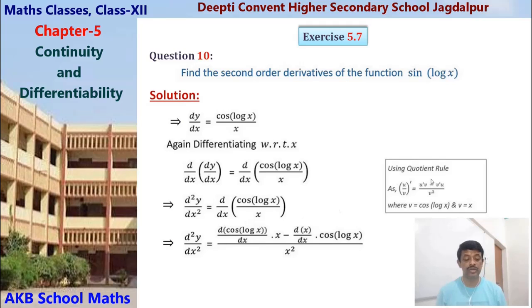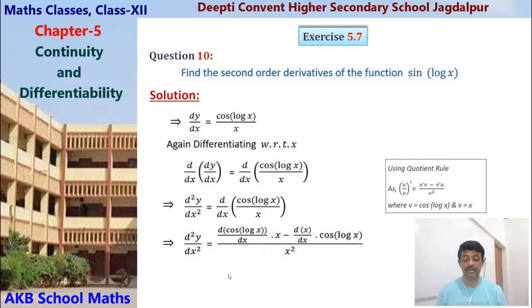So u' means d of cos log x by dx times v, x, minus dx by dx in reverse order, that is v' into u, upon v square, that is x square.